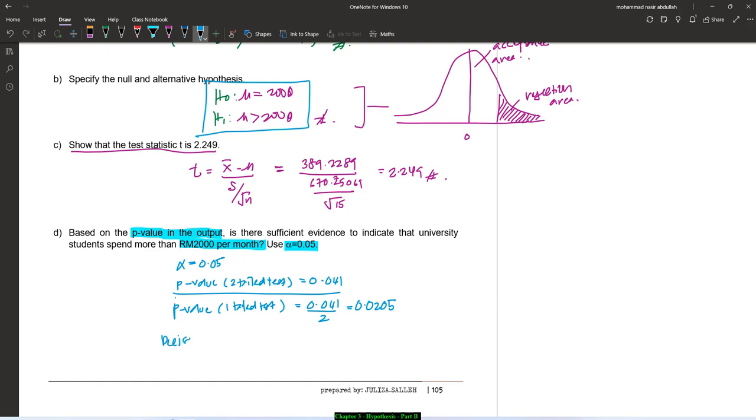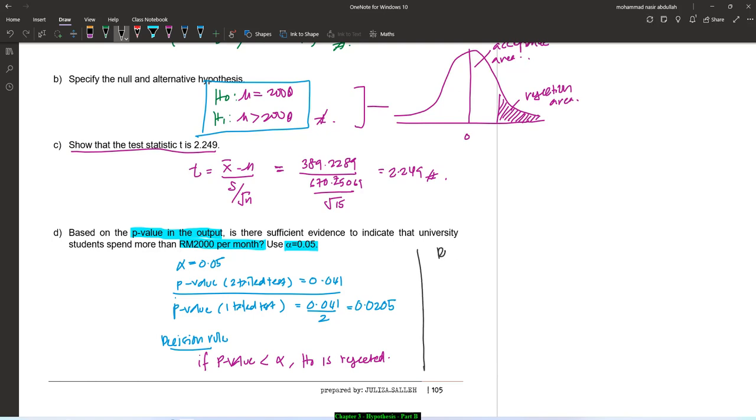Our decision rule is: if the p-value is less than alpha, the null hypothesis is rejected. This is the standard decision rule for the p-value.